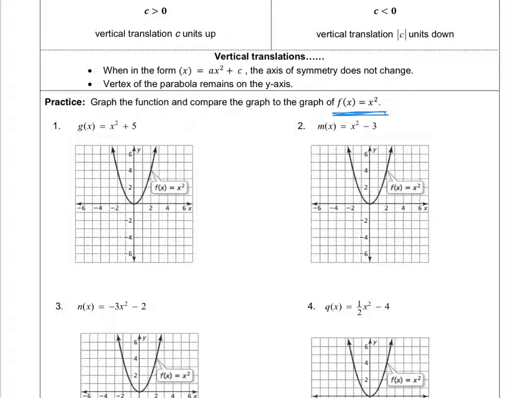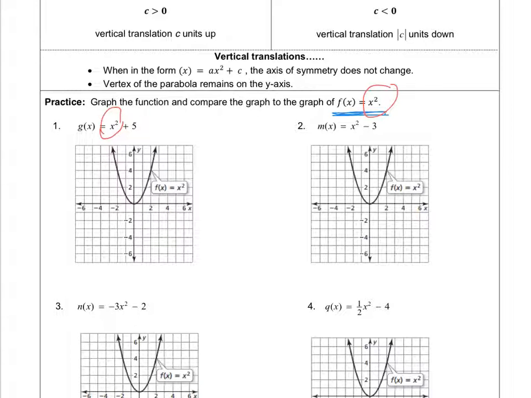Okay, now practice number 1, in your y2, I want you to put y equals x squared plus 5. A couple of things to notice. Did we change our a value at all from our parent function to number 1? No, we didn't. So it's not going to be wider, it's not going to be narrower, it's the same exact u.